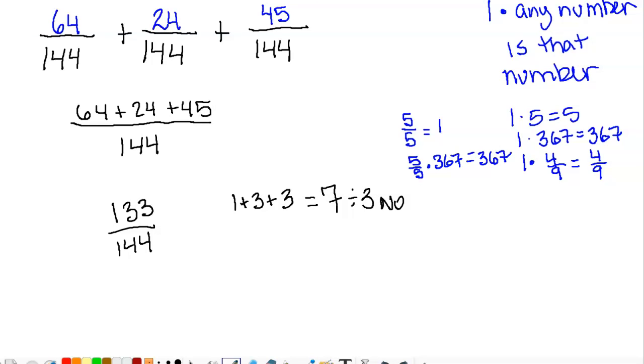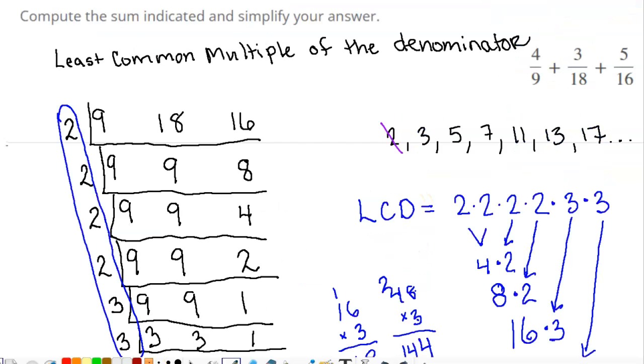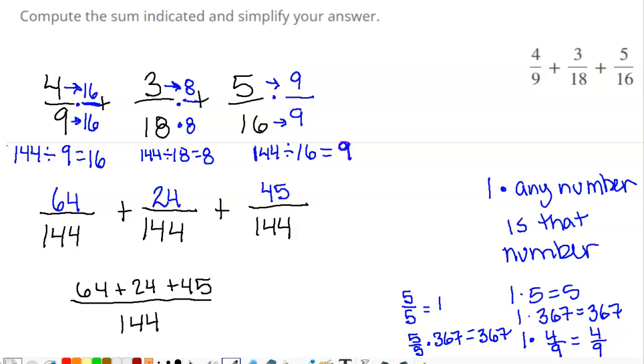So the strategy I'm going to use is to go back and look at what my 144 breaks down into. And I think it's like 4 2s and a couple of 3s. 1, 2, 3, 4, 1, 2. Yep. 4 2s and 2 3s. I'm going to write that down.